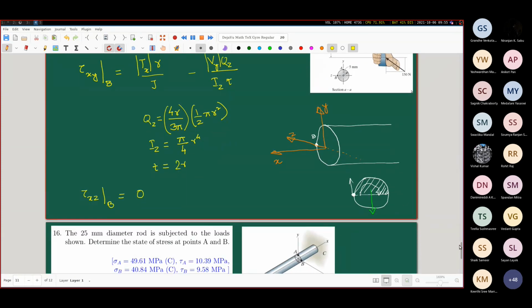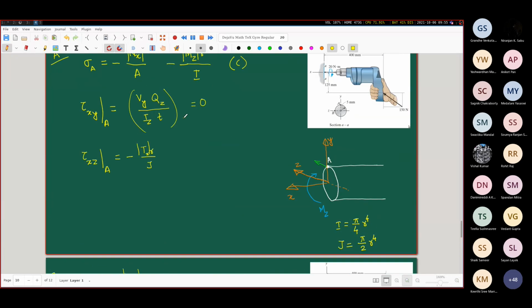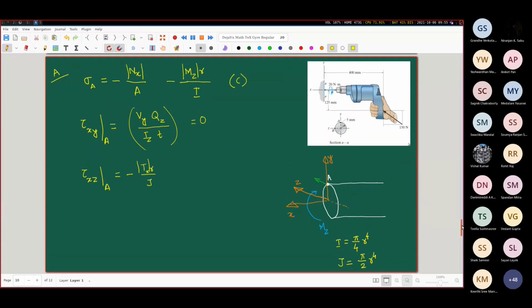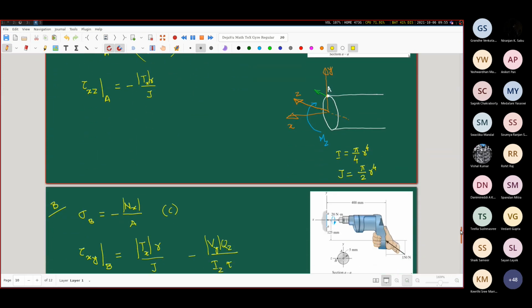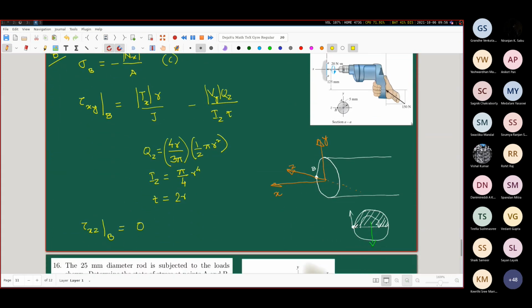So you see in point A, the shear force, the shearing formula and the torsion formula were contributing separately in separate directions. One was in the y direction, the other was in the z direction. But because point B is in a separate location, the shearing formula and the torsion formula are contributing in the same direction.